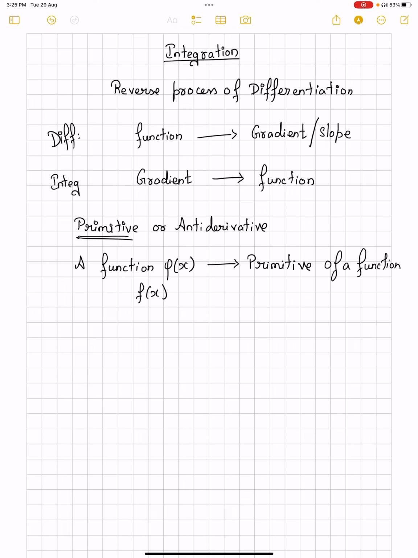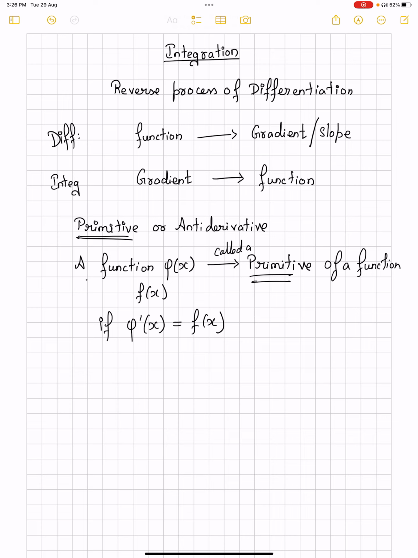If phi dash of x, the derivative of phi of x, is equal to f of x, only then would I say that it is a primitive or an antiderivative or an integral. So a function phi of x is called a primitive, or an antiderivative, or an integral of a function f of x if phi dash of x is equal to f of x.